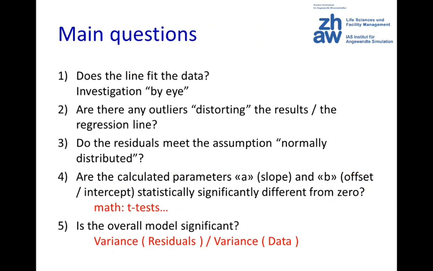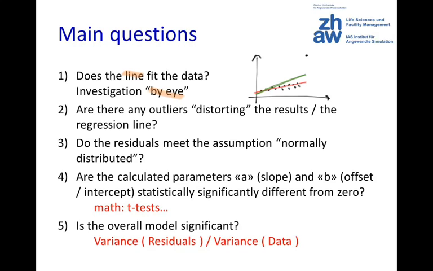The main questions you should be asking when you're dealing with regression analysis is the first one: does the line fit the data? Is this regression line something reasonable? You can investigate it by eye. Are there any outliers distorting the results or the regression line?